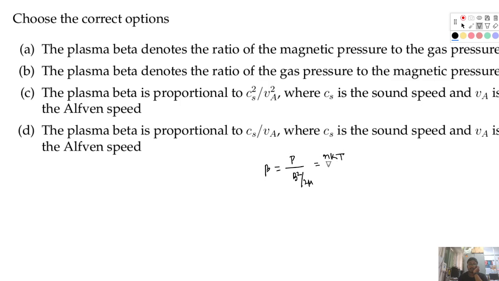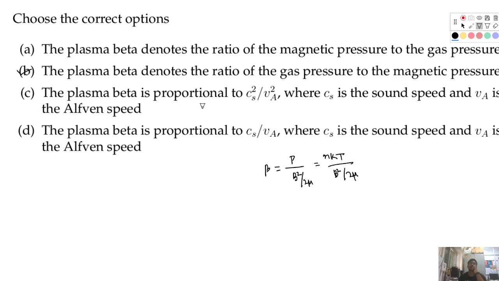So this is the ratio of gas pressure to magnetic pressure. So the first one is correct.